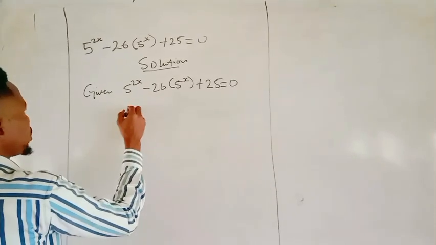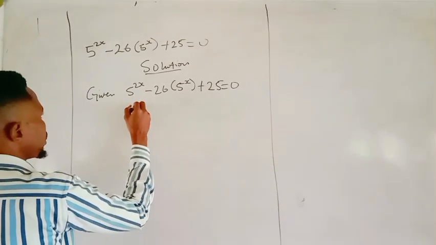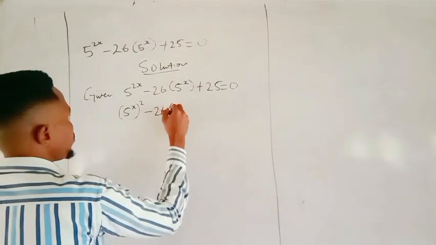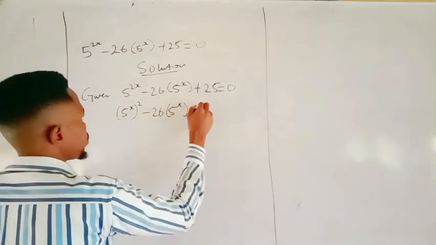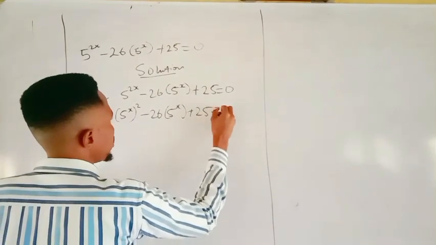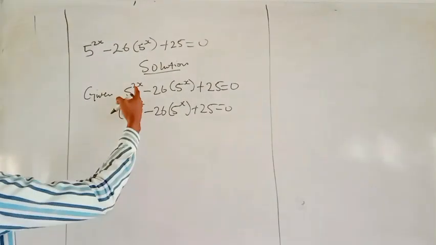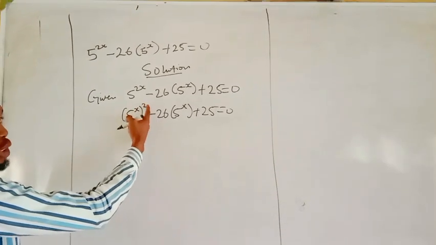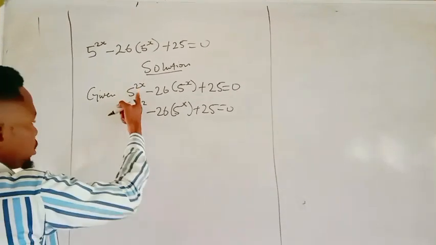So this will give us 5 to the power of x, squared, minus 26 into 5 to the power of x plus 25 equal to 0. What we just did here is to bring out the 2. So we just factor it.